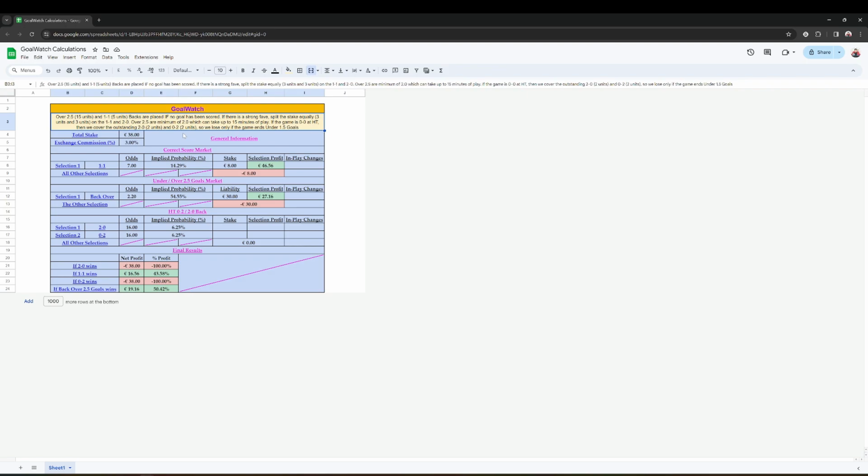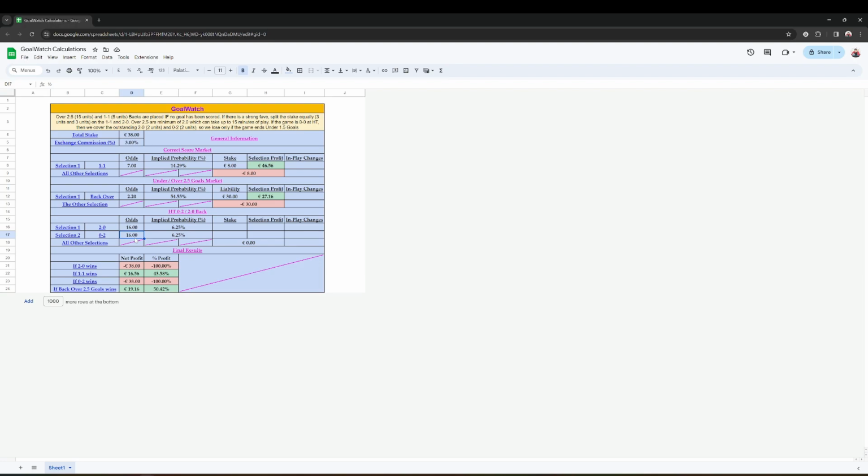The 2-0, 0-2 odds will be relatively high. If you have equally matched teams, they will be relatively high. But here in my example, I have given them as 16, maybe around 13 or something like that.